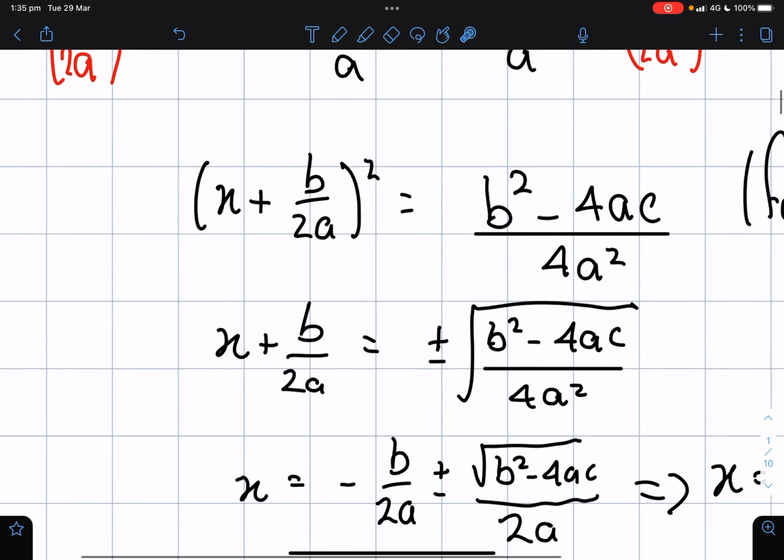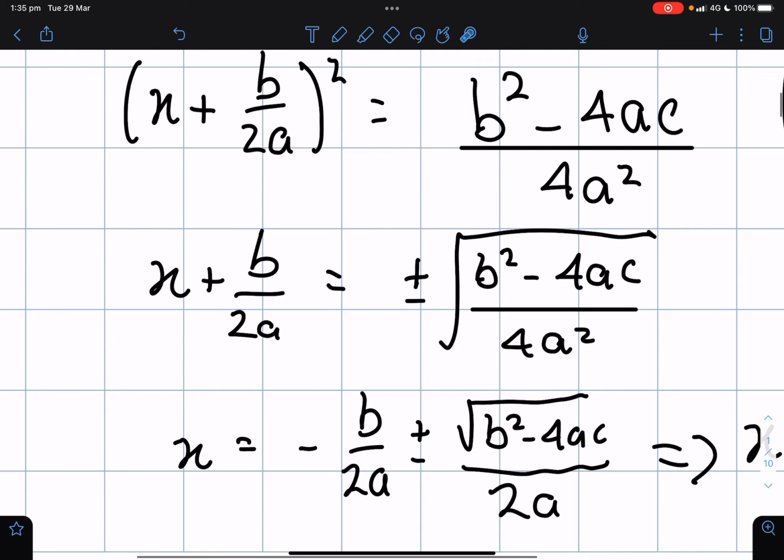Now, what we have on this side here, remember with surds, we can write this as the square root of b squared take 4ac divided by the square root of 4a squared. We can split that surd up. The square root of 4a squared is just 2a, and the top doesn't change.